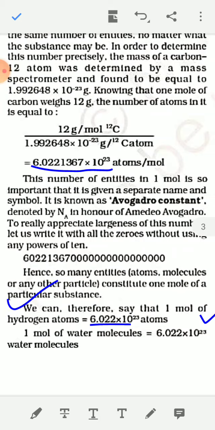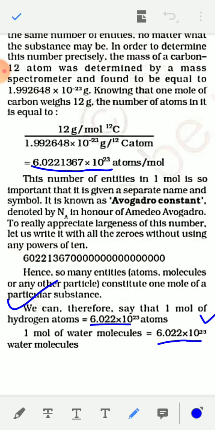Similarly, 1 mole of carbon dioxide molecules means 6.022 into 10 to the 23 carbon dioxide molecules. Similarly, 1 mole of electrons means 6.022 into 10 to the power 23 electrons. Okay, so 1 mole is equal to this number, 6.022 into 10 to the 23.